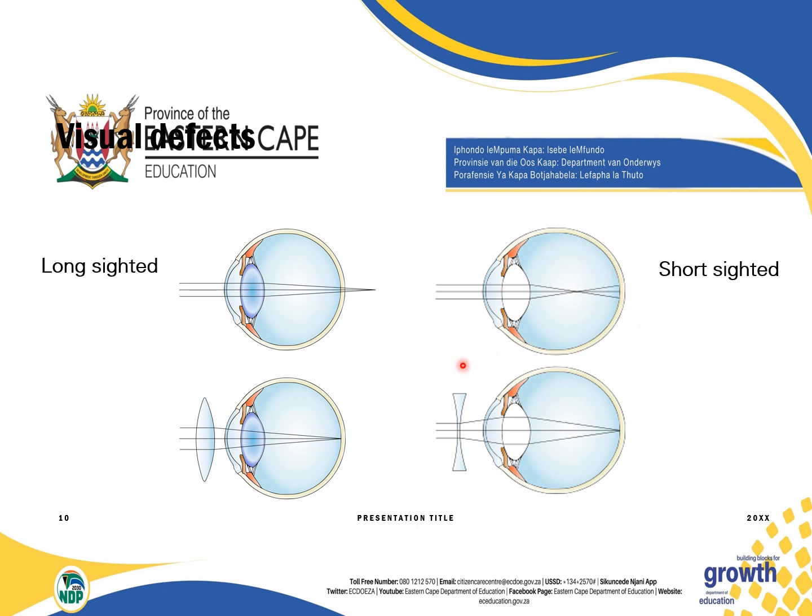This can be corrected using concave lenses. Concave lenses bend light outwards so that it refracts more slowly and therefore the light focuses on the retina at the back of the eye.